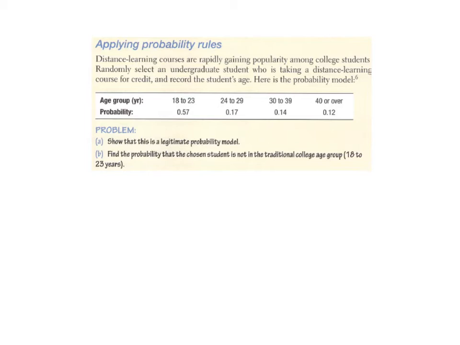So the first way you could do this, you're looking for them not to be in that traditional 18 to 23 years. So as soon as you hear that "not," you might want to be thinking complement rules, right? So I want to find the probability of the event that they are not 18 to 23 years old.